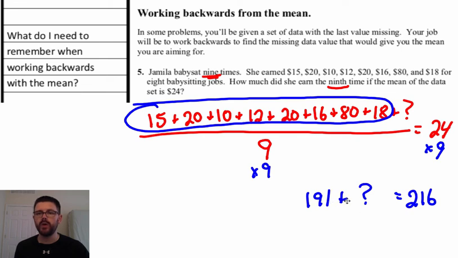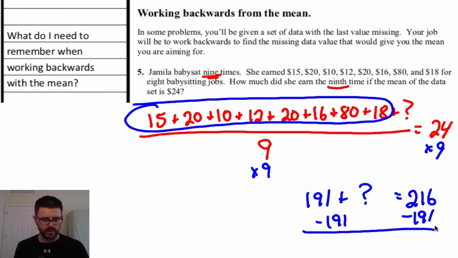So 191 plus something has to give me 216. Well, again, think of it like our geometry unit. We just want to work it backwards. So if they were adding, I just want to subtract 191. 216 minus 191 says my missing number, or something we can call x, is going to be $25.